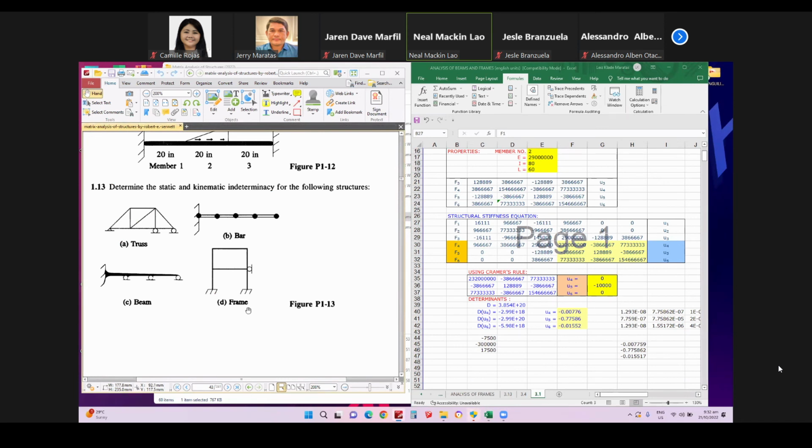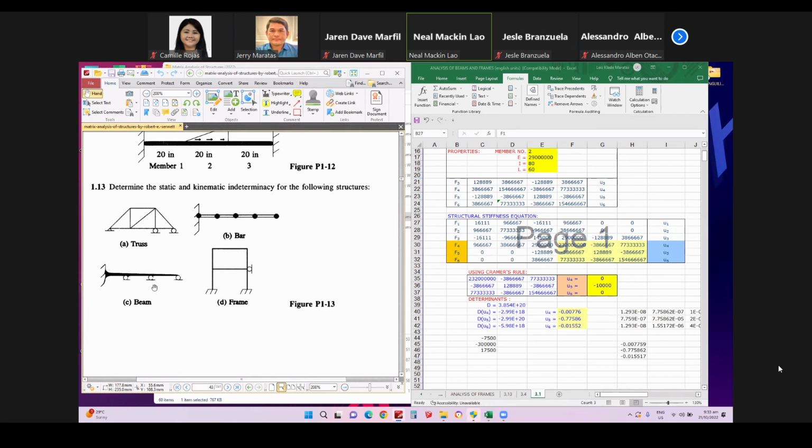Sir, I was thinking, since there is rotation at each roller, so K equals 3, sir, unless you fix it. But that's a roller, right? Yes, there is rotation there. Sir, the answer key says K equals 0, but what I got was K equals 3.